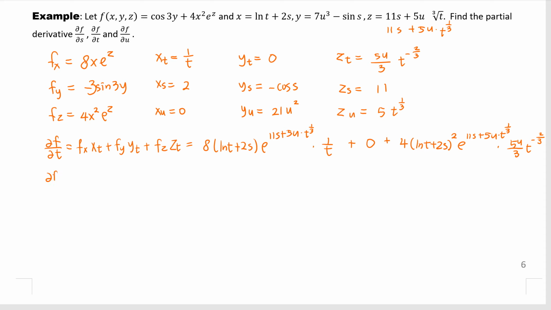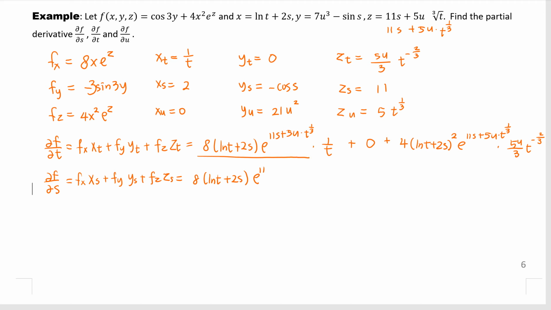Okay, how about partial f partial s? So this is fx xs, fy ys, fz zs. fx stays the same, so we still have 8 times (ln of t plus 2s) times e to the 11s plus 5u t to the 1/3. Just copy what we have before.